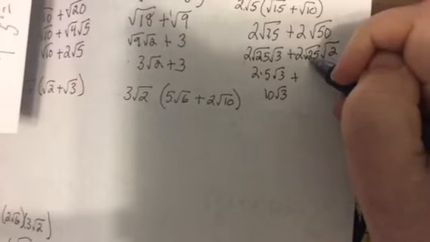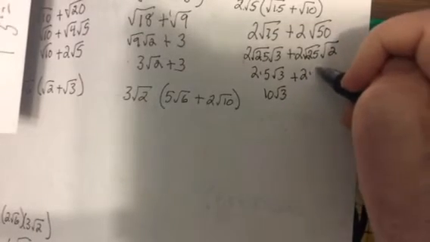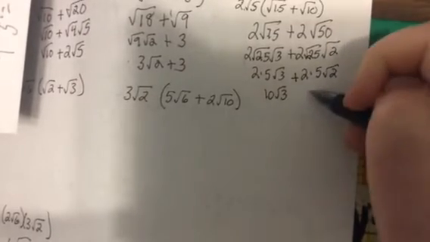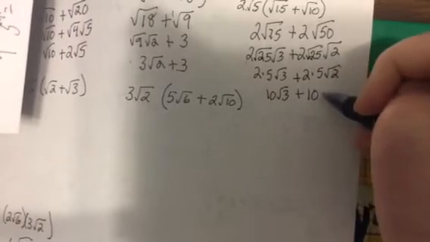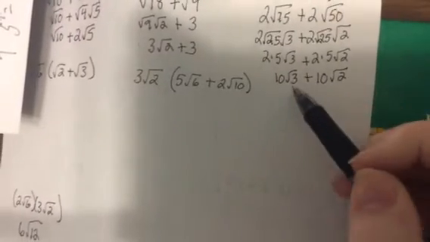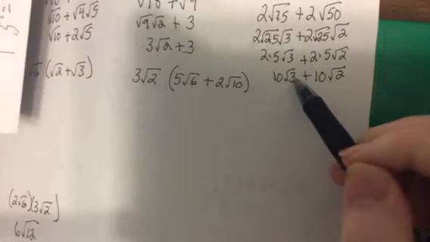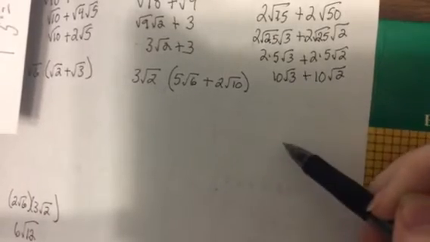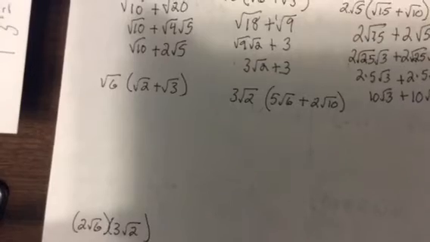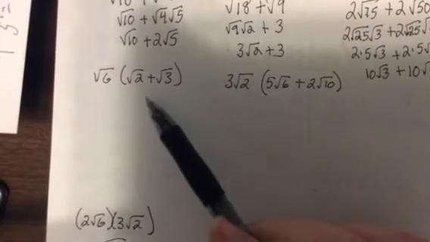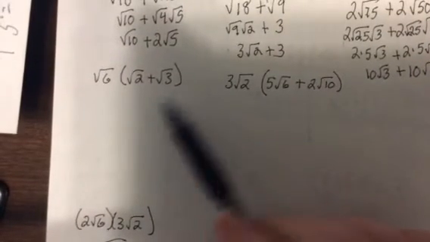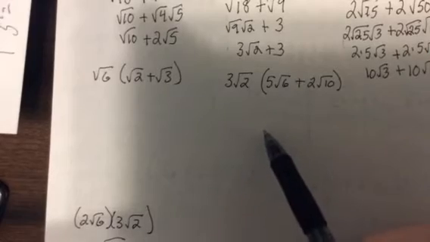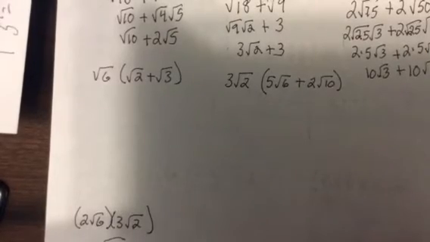Square root of 25 is 5, so it's 2 times 5 square root of 2. So it'll be 10 square root of 2. Now notice I can't combine these because different radicands, 3 and 2. If this was a 3, I would just add the terms out front. So, try those two. Freeze the computer, do those two, and then turn me back on.